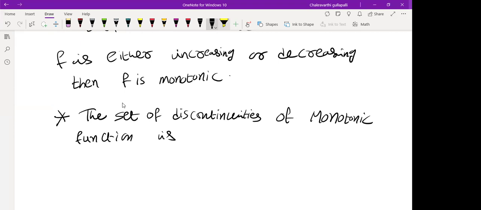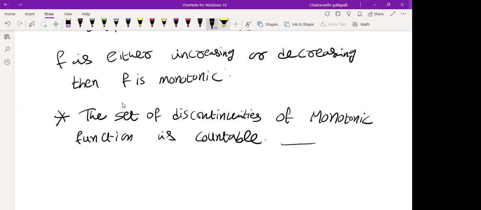These are all theorems, but nobody will ask you to prove them; you need to remember this. It is also given as a question: what can you say about the set of discontinuities of a monotonic function, countable or uncountable. So very important: a monotonic function will have only discontinuity of the first kind, or jump discontinuity, and the points at which it is discontinuous are always countable.